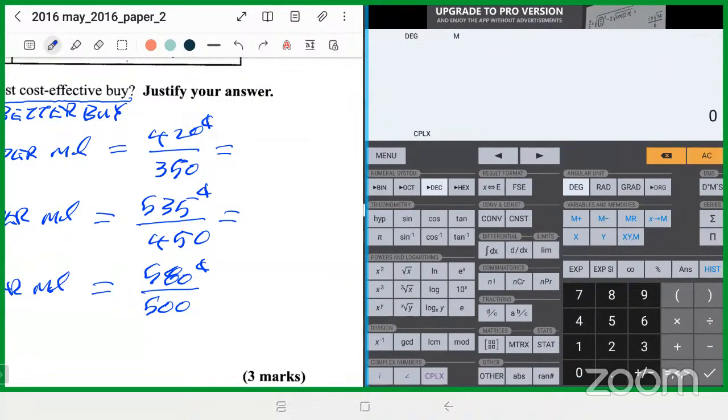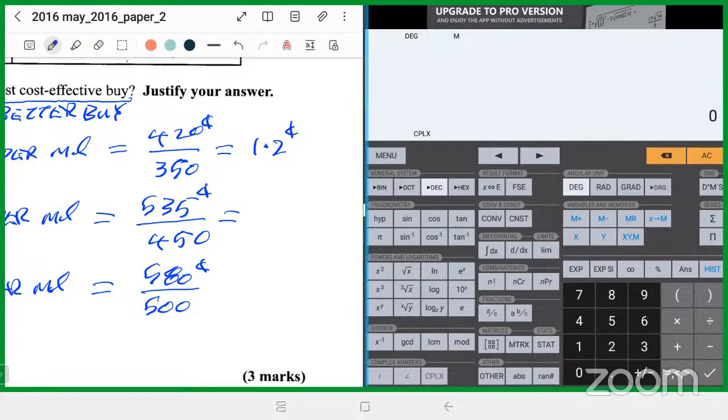The first one is 420 divided by 350, getting 1.2 cents. So it's 1.2 cents for 1 milliliter of juice in that carton.